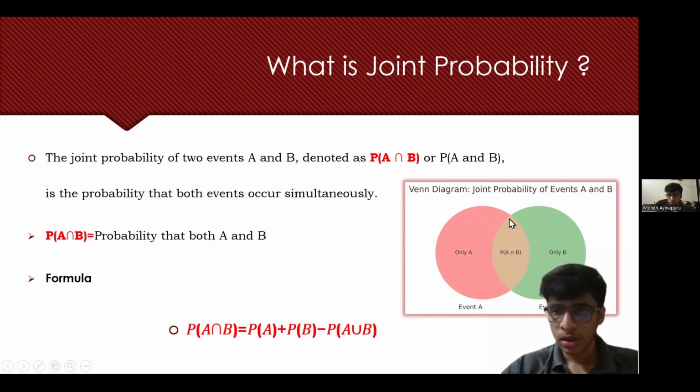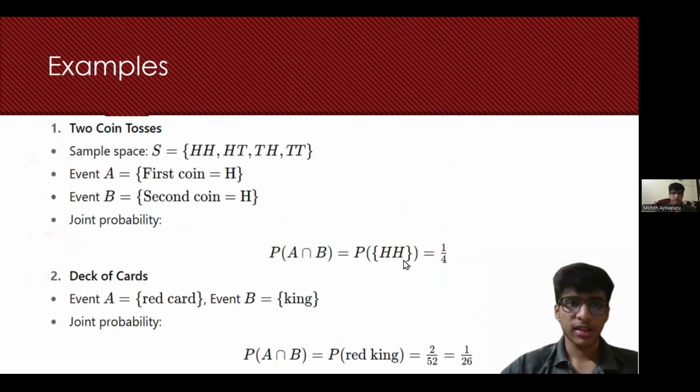We can see here the pink part is the total outcomes possible for event A, and the green part is the total outcomes for event B. The middle part, which is shared by both event A and event B, is P of A intersection B. That is the joint probability, and we are going to use this formula: P of A intersection B equals P of A plus P of B minus P of A union B. We are going to see an example.